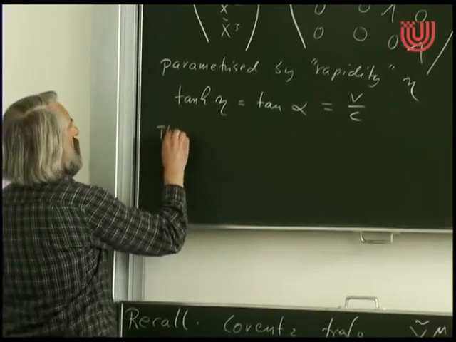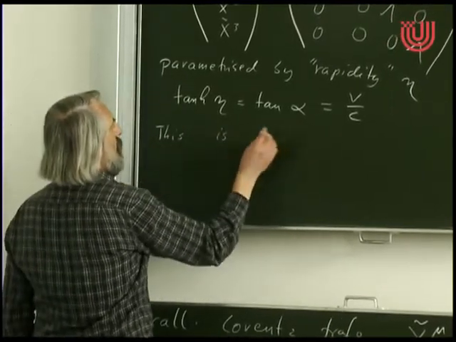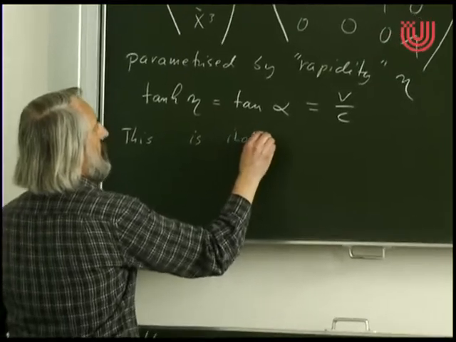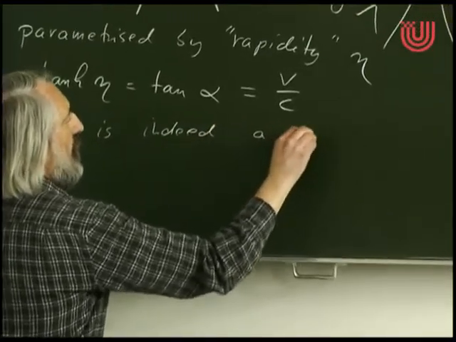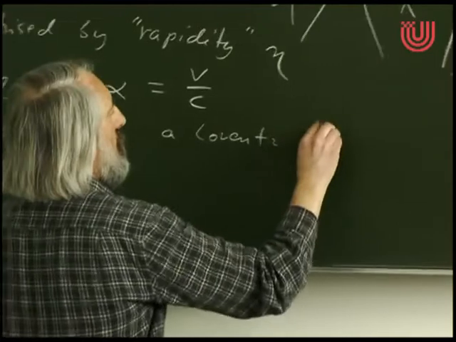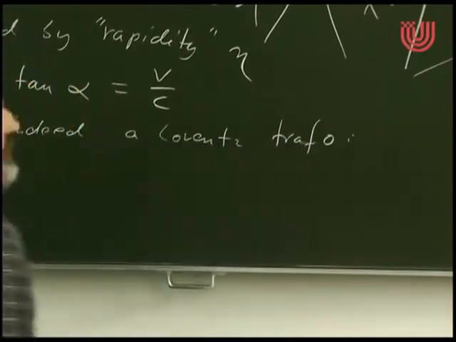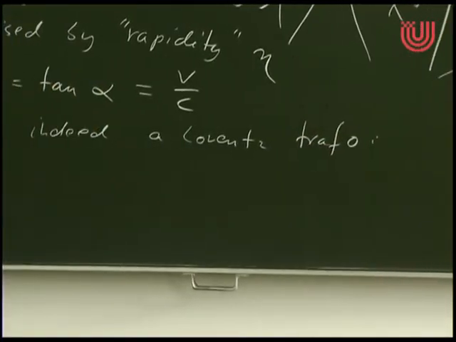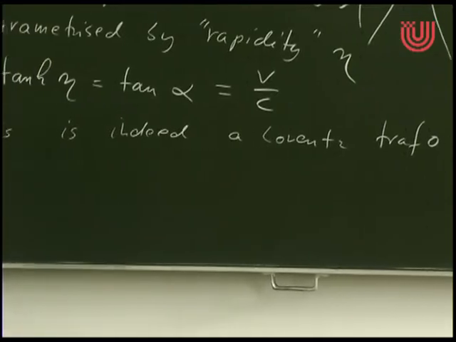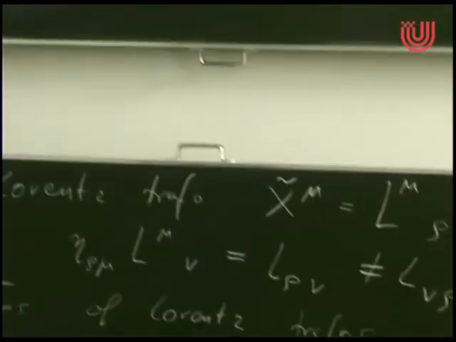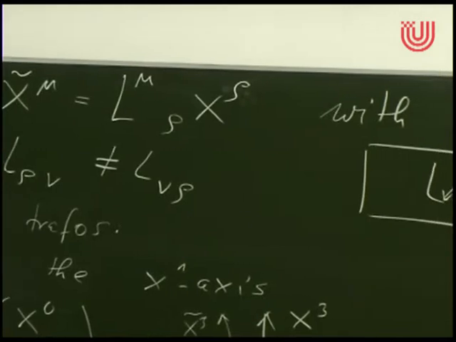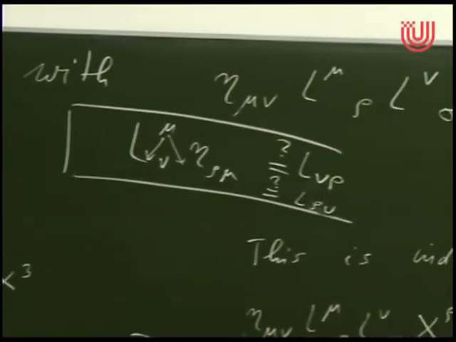So let me verify again that this is a Lorentz transformation. So we do exactly the same thing, and it's more or less the same calculation. Just instead of ordinary trigonometric identities, we have now to use hyperbolic trigonometric identities, right? That's the only difference.